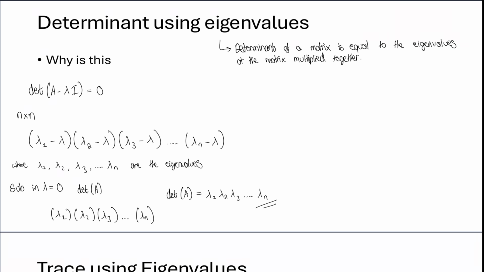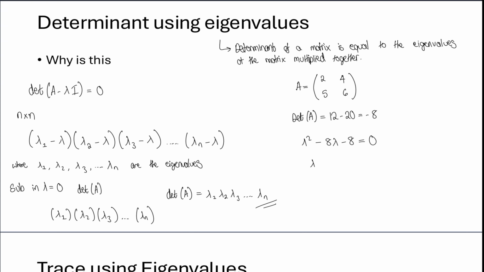Cool. If we use some numbers this time, let's say we had the matrix 2, 4, 5, 6. The determinant of this matrix A is 12 minus 20, which is minus 8. If we write down the characteristic polynomial, we get lambda squared minus the trace, which is 8, lambda minus 8, because that's the determinant.